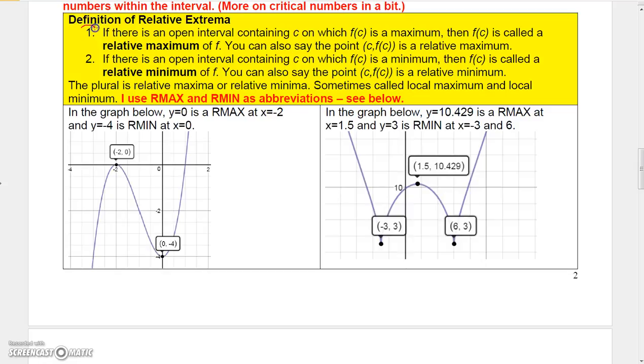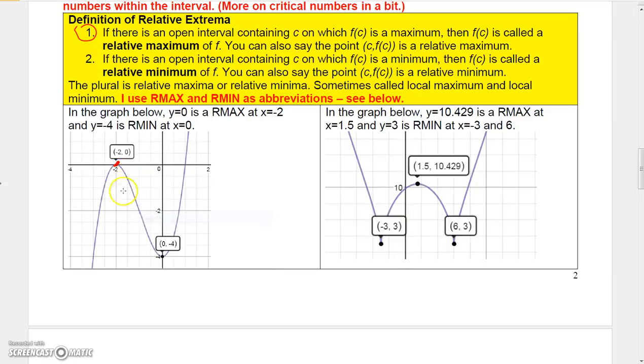So for relative extrema, basically it says if there is an open interval containing c on which f of c is a maximum, then f of c is called a relative maximum. Okay, so if you look at this graph down here, you can see that obviously this point right here is not the maximum of the entire graph, because these points over here are higher, but there is an interval, say this interval here, that would define just this portion of the graph, and certainly on this portion of the graph that point is the highest value.